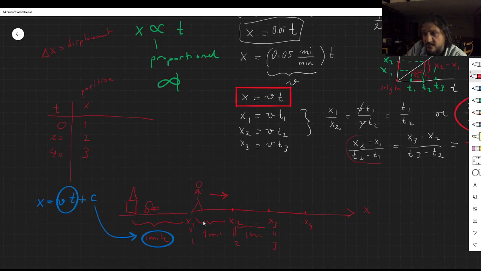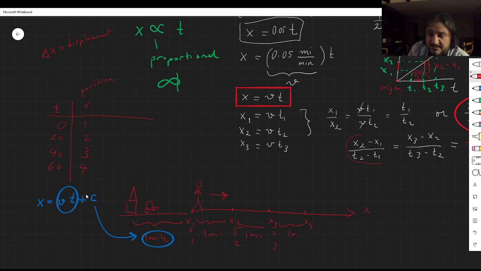So if you walk for 2 miles plus 1 mile, you have 3 miles distance from your house. But that's when 40 minutes has passed. After an hour, you're 3 miles away from your starting point, but you're 4 miles away from your home, okay?